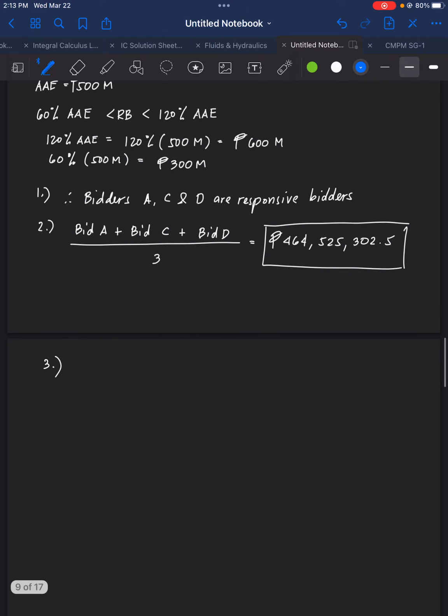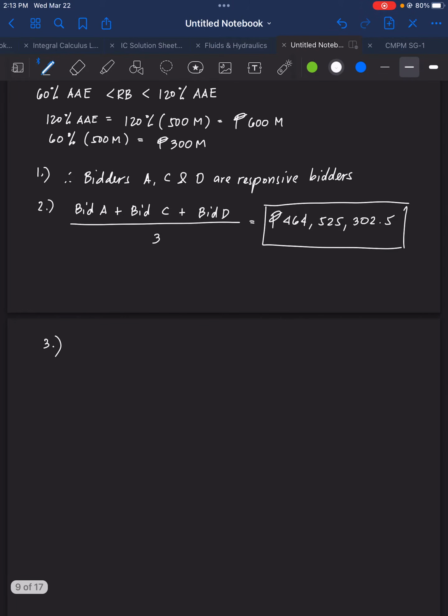So AGE is equal to 1/2 of the AAE, which is 500 million, plus the average of all responsive bids, which is 464,525,302.5.